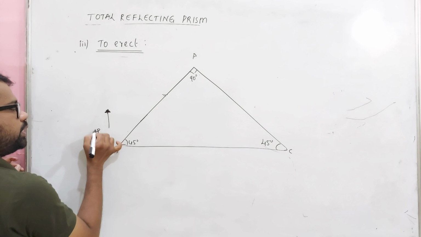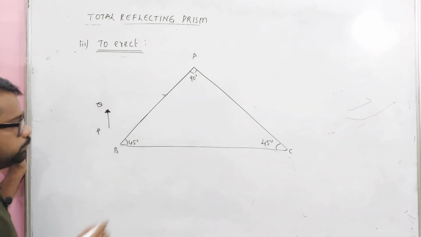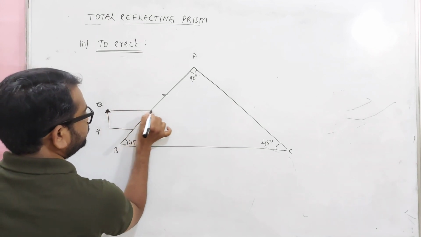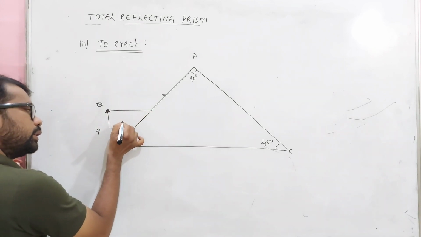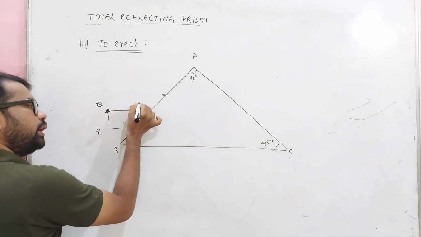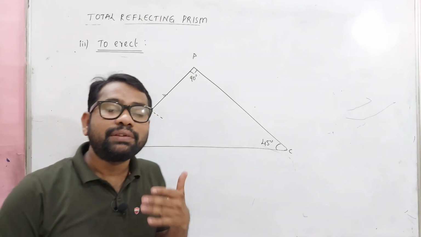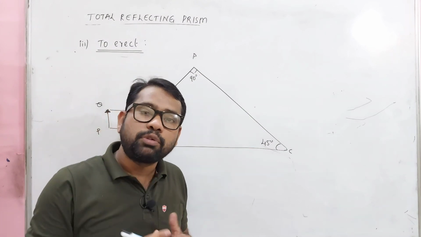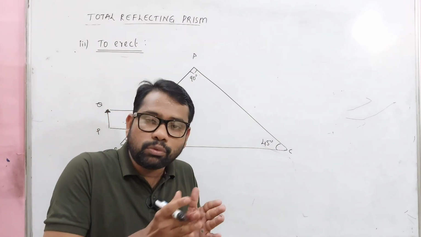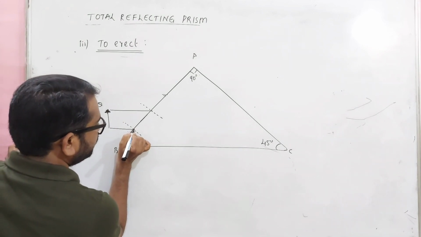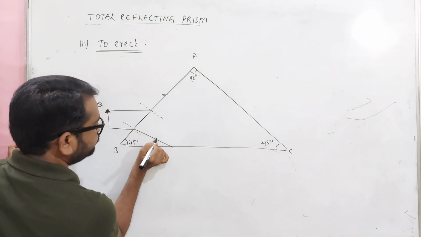So PQ is the object, and from here light rays are coming like this. Children, look at this point: light rays are moving from rarer to denser. Then obviously what will happen? Refraction can take place. As they are moving from rarer to denser, they will move towards the normal. So this is how the light ray bends.